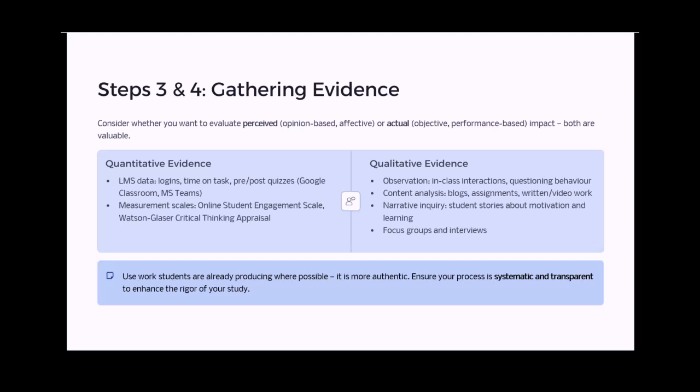So quantitative evidence, where you measure their actual performance, includes questionnaires like measurement scales, measuring their skills before and after, looking at how they felt about something before and after. Or you could use digital data available to you, so logins to Google Classroom or Microsoft Teams, the time spent on a task, quiz results, the time they completed the homework.